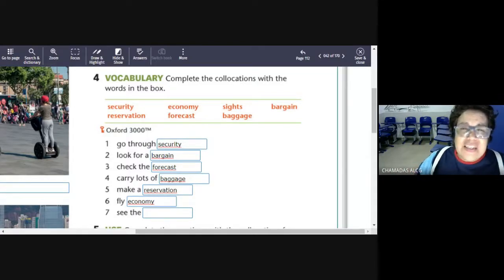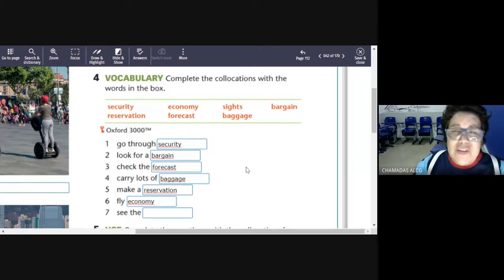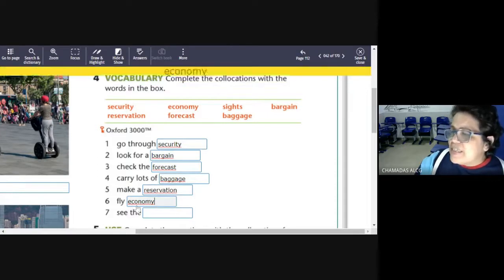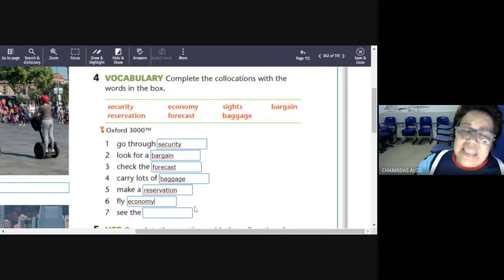The service is more informal and usually simpler than the service you get when you fly first class or business. Okay, so if you fly economy, the tickets are cheaper and you can get awesome discounts depending on the day and the time you travel.